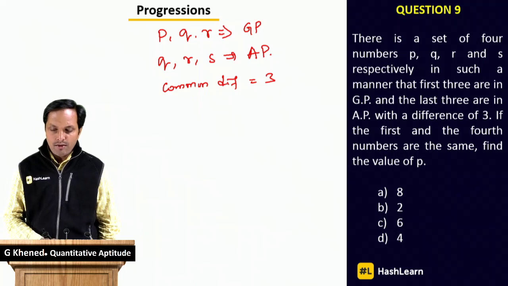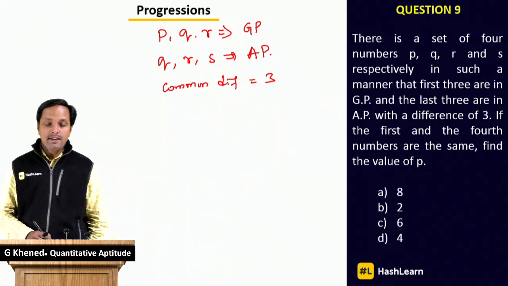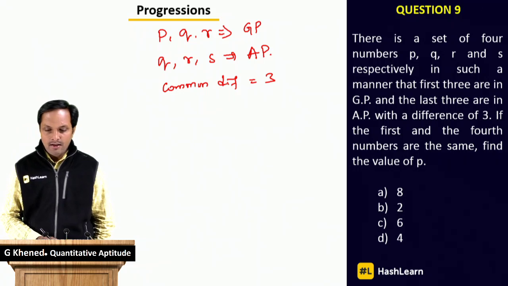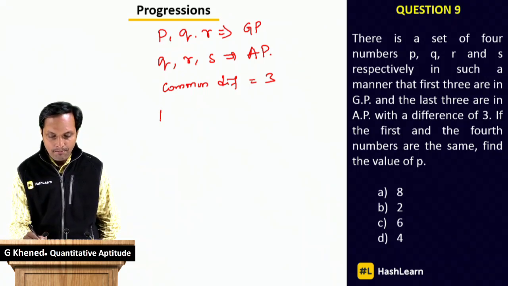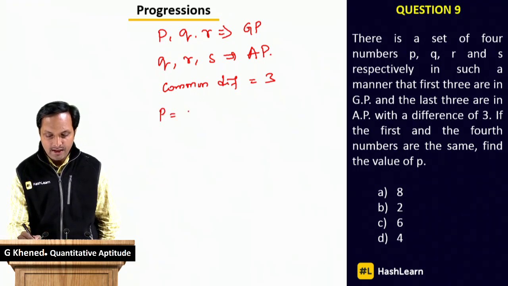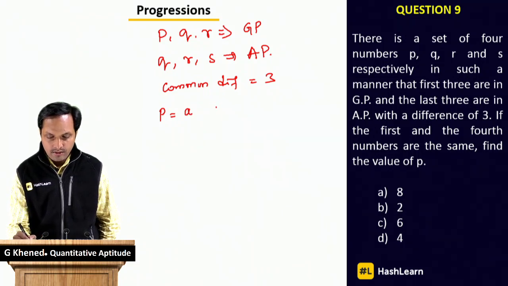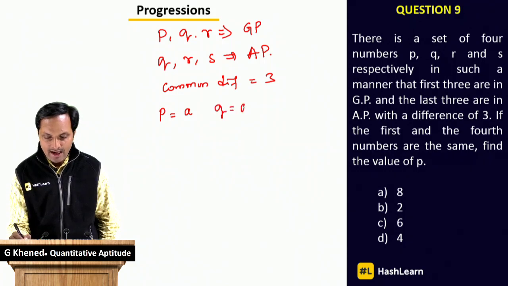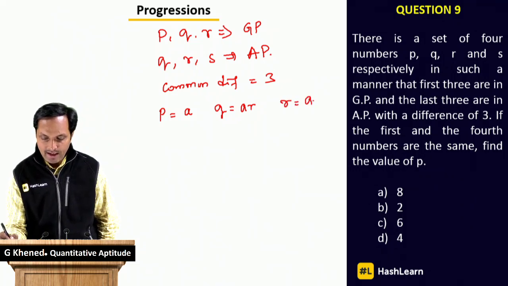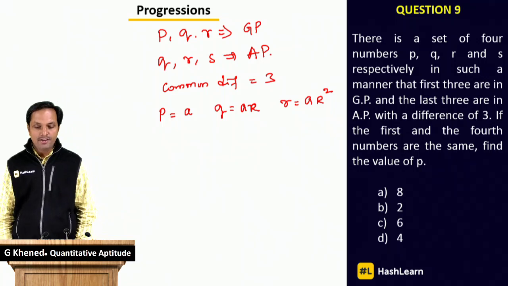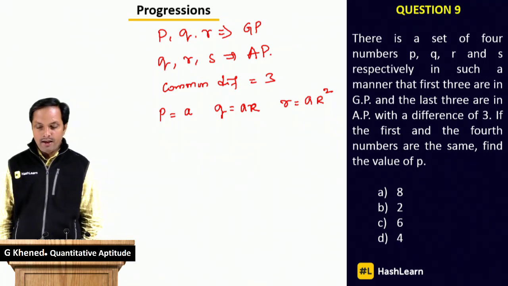So what we are going to consider is, he has given you certain information. If I take P, Q, R in geometric progression as a, ar and ar², these are the three numbers I am going to consider.